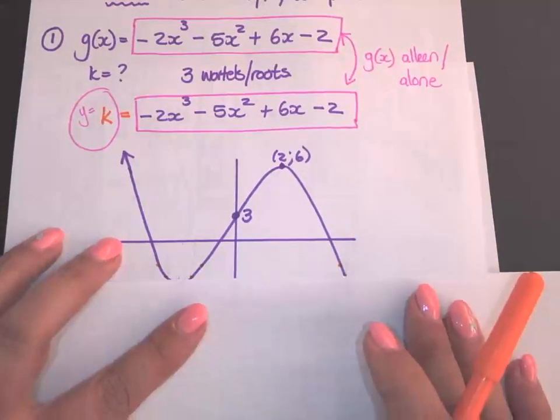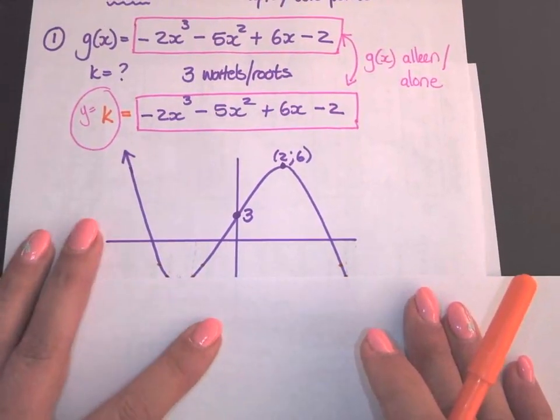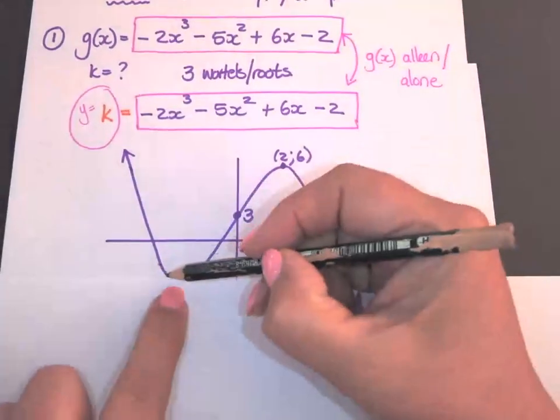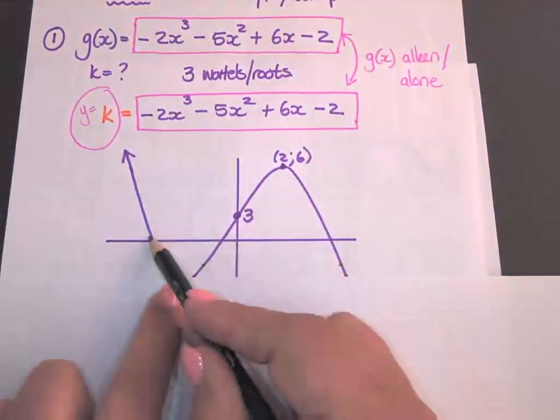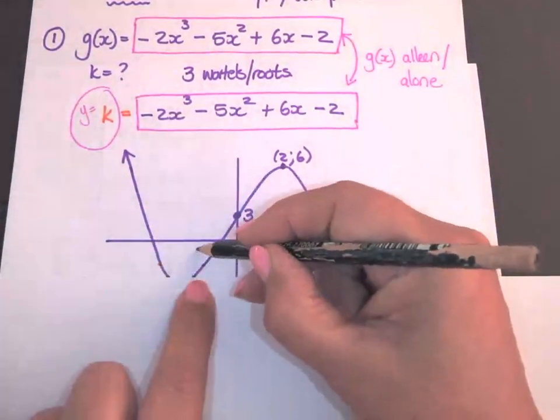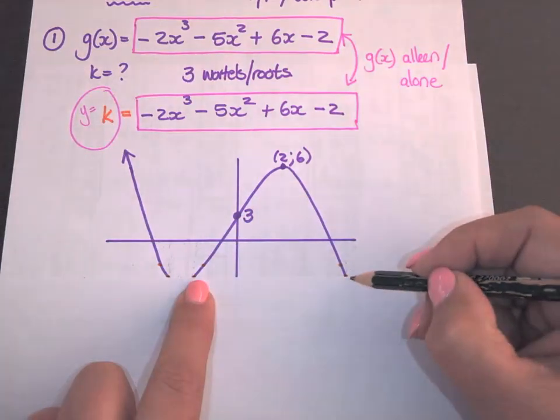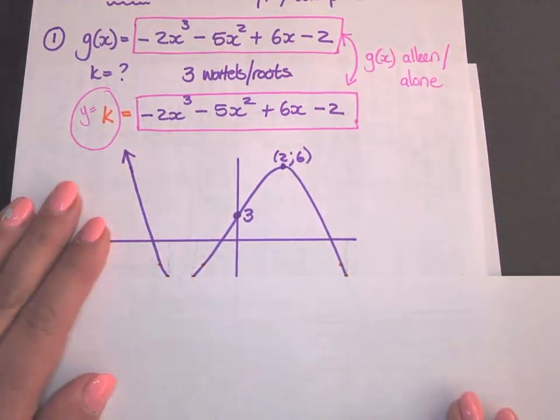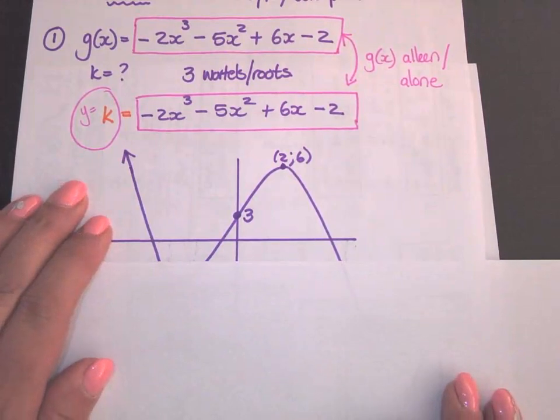If I go up like this, the x value of this one will be negative, and this one will be negative, and this one will be positive. Okay? So I go up and up and up, negative, negative, positive.